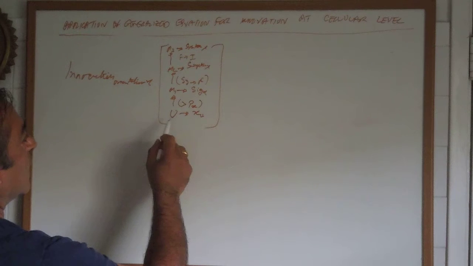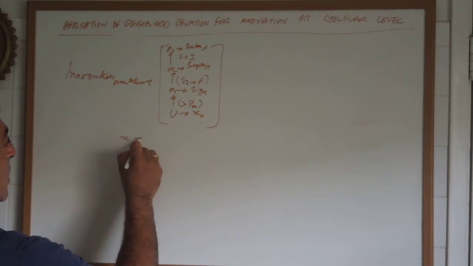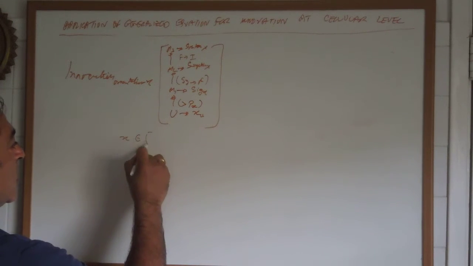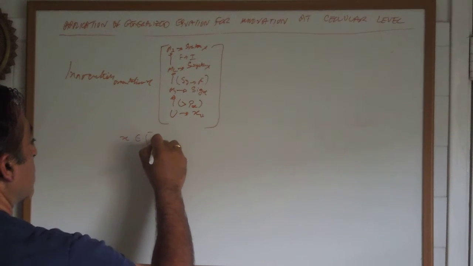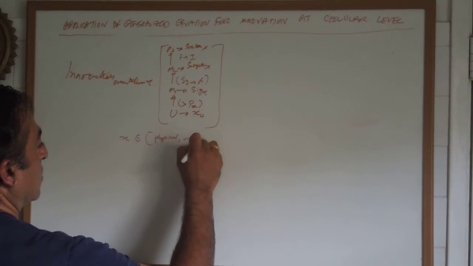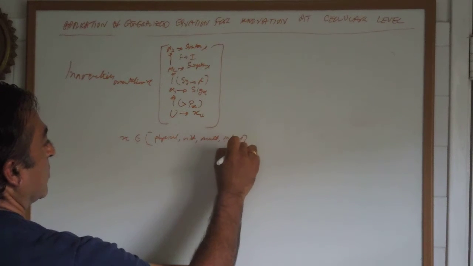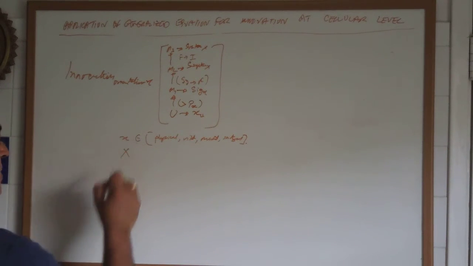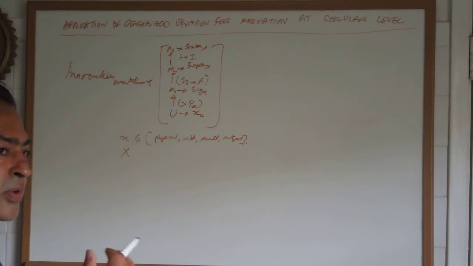And here I want to mention that X is an element basically, or can be thought of as derived from a set of orientations which are the physical, vital, mental, and integral orientations. And the large X are, in a sense, seed sets or supersets from which everything else diversifies.